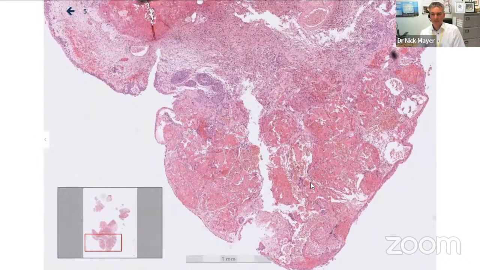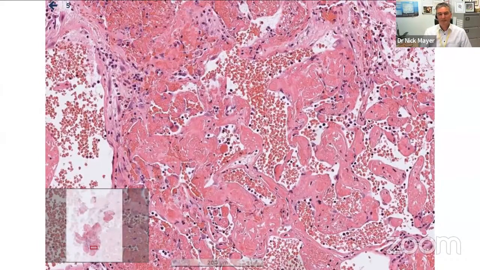And if we go to a slightly higher power, we've got this endophytic area, most of which is comprising dilated vascular spaces with a rather papillary fibrinoid appearance lined by endothelium.